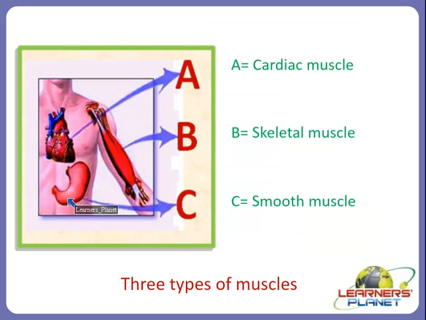First of all, we will have an overview of these 3 types of muscles. Here you can see the picture, right? It is showing the heart. The heart is actually made up of a muscle called cardiac muscle. Then the muscles present in our hands are made up of a muscle called skeletal muscles.